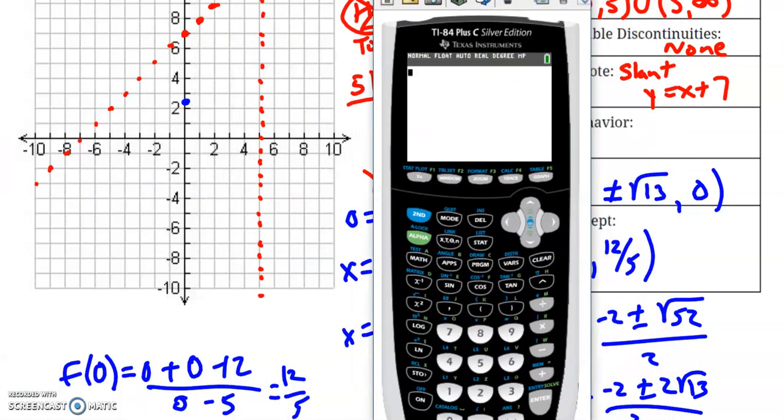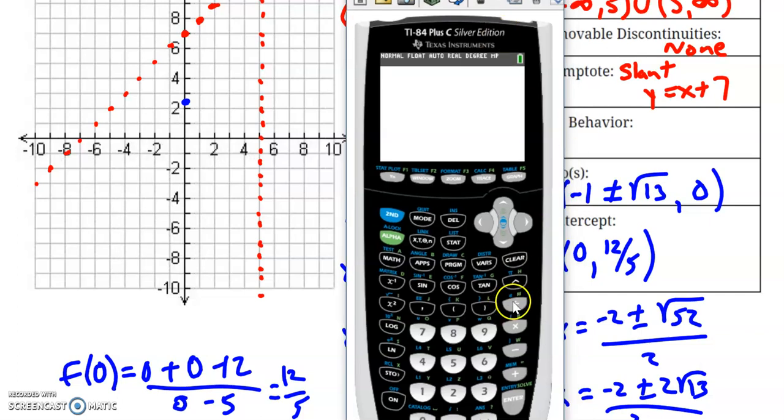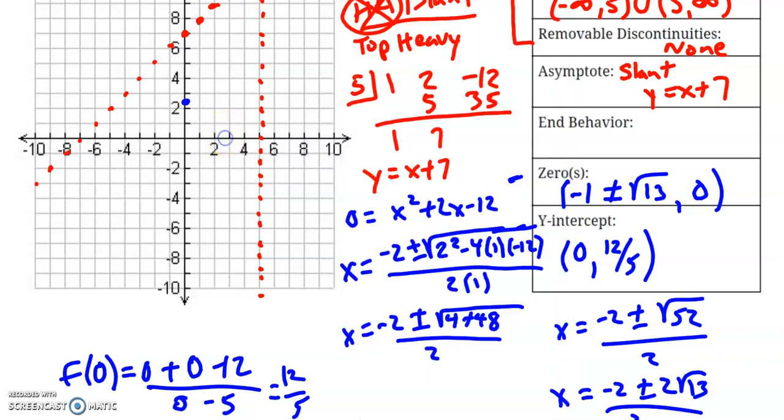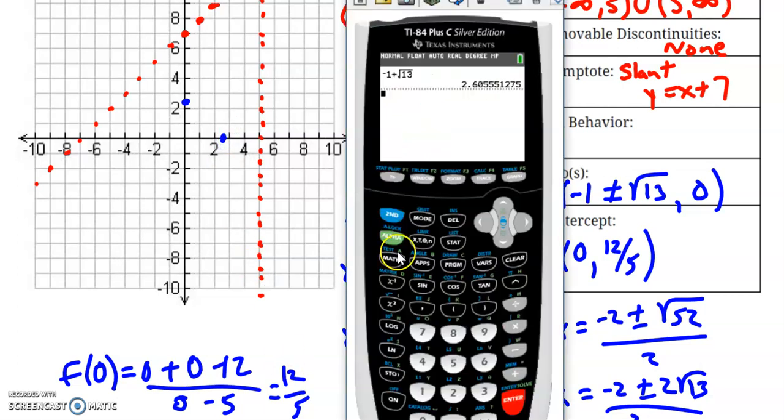So first of all, let's do the zeros. So that'd be -1. I'm going to do plus square root of 13. (2.6). Come over to my graph that one. And then we'll do the minus. So that's -1 minus square root 13.